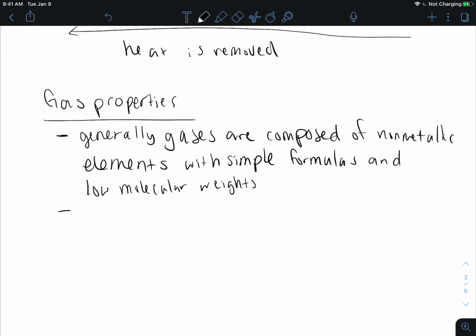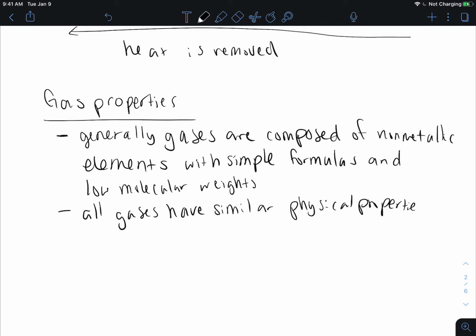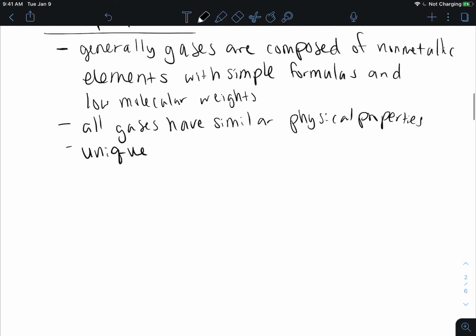With our gases, they have similar physical properties. They're going to behave very similar to each other. And then they are unique compared to the other states of matter for a couple of reasons. They're compressible and expandable.